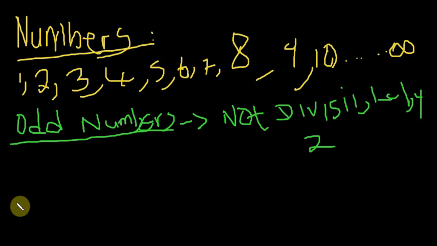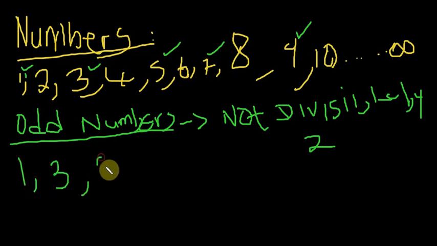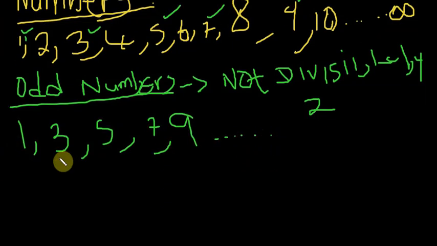Examples of odd numbers from the list here: 1, 3, 5, 7, 9, etc. The list continues.